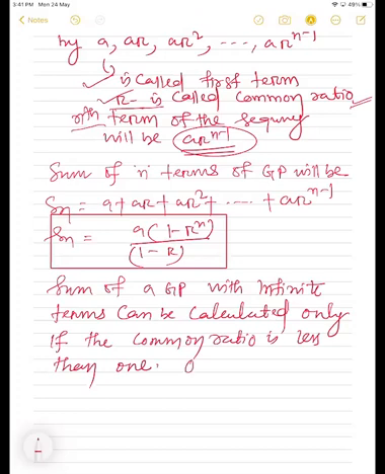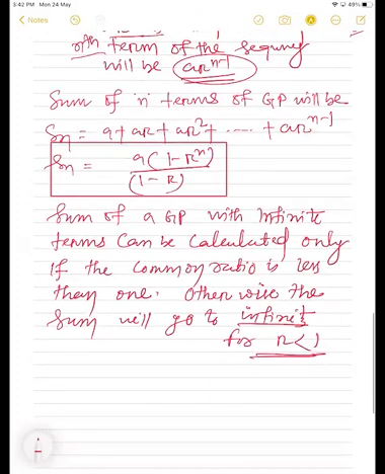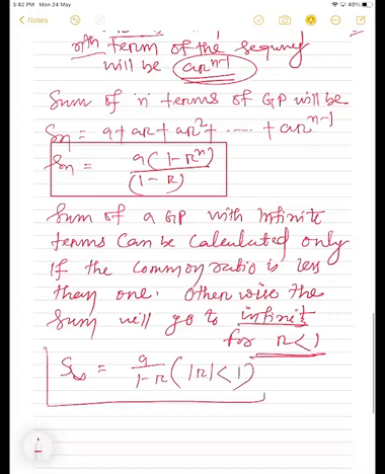Otherwise the sum will go to infinity for r greater than 1. Okay, that means if we find S infinity in the series, that is a by 1 minus r, where r is the common ratio, but the modulus of r is less than 1. Just write these many things.